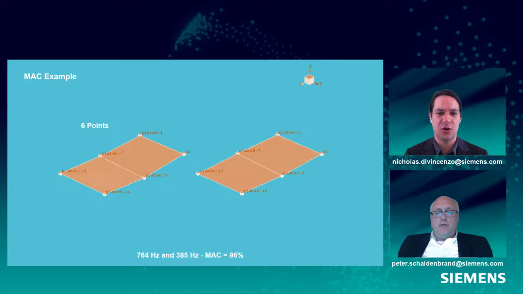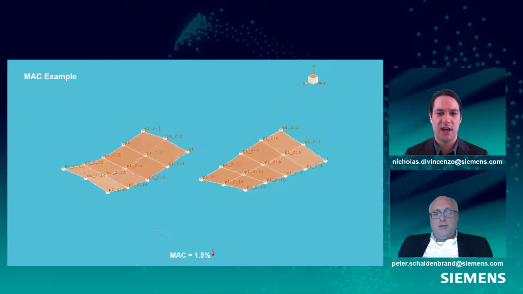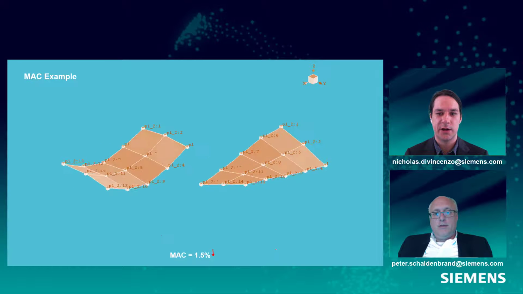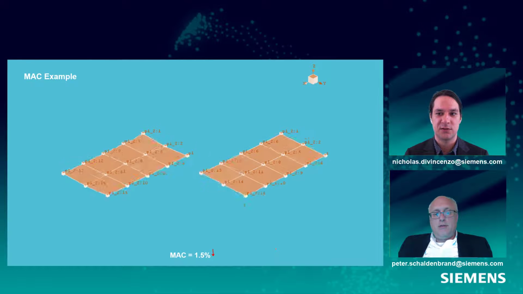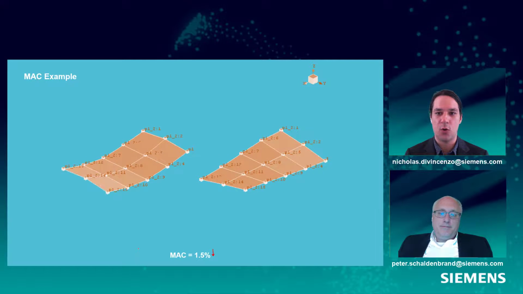And that's a good MAC value for two different mode shapes, if we go back to that last slide. We might have mode 1 on the right and mode 2 on the left. And we expect our mode shapes to be special snowflakes. Each one is completely unique.